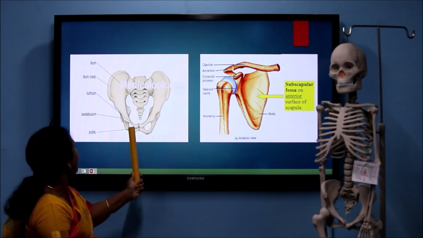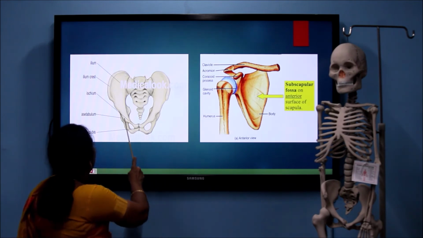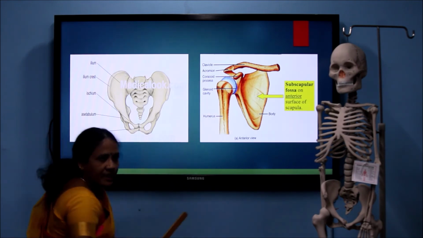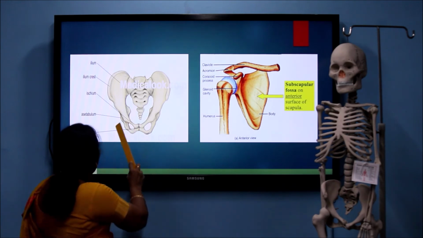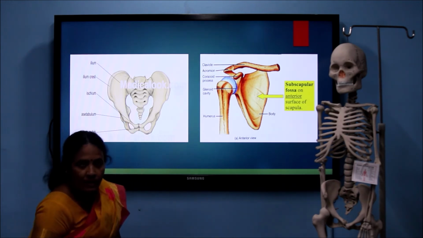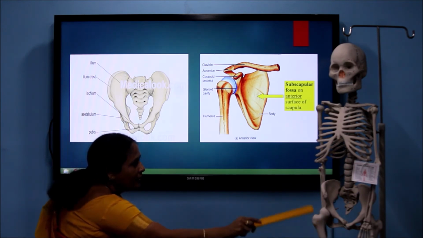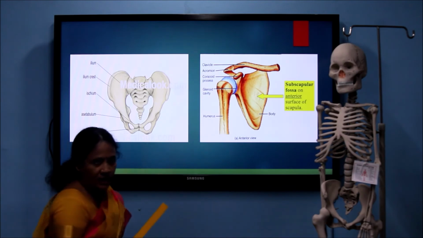These are the three main parts of the pelvic girdle. Here the cavity is like the glenoid cavity in the upper arm. In the lower limb we have a cavity called the acetabulum. Inside that acetabulum the head of the femur is located.